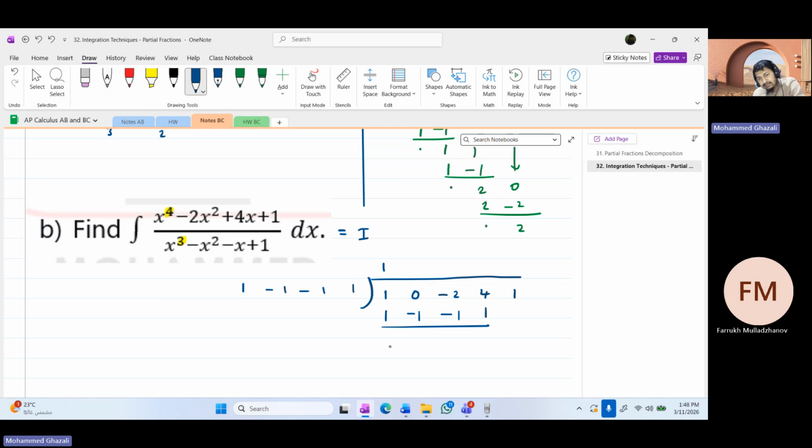Right, we're going to subtract. That's 1. Subtract those two. Minus 2 plus 1 is minus 1. 4 minus 1 is 3. Bring down the 1. Do we stop here or do we continue? We need to look at these factors. Can this go into this? 1 second, 0 minus 1 is 1, minus 2 minus 1 is minus 1.